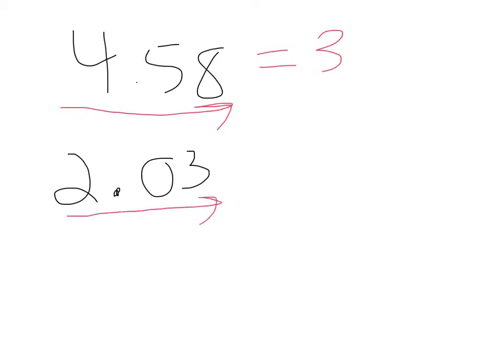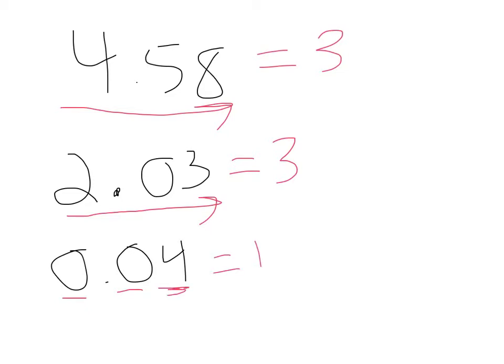The 2 is the first sig fig, everything else counts, including the 0, so that's 3 also. What if we have a number like 0.04? In this case, again, decimal point, left to right. This 0 and the 0 won't count though. You have to count the first non-zero, so the 4 would be the only sig fig.